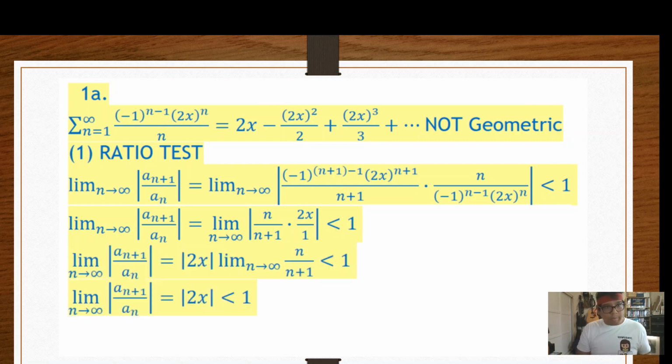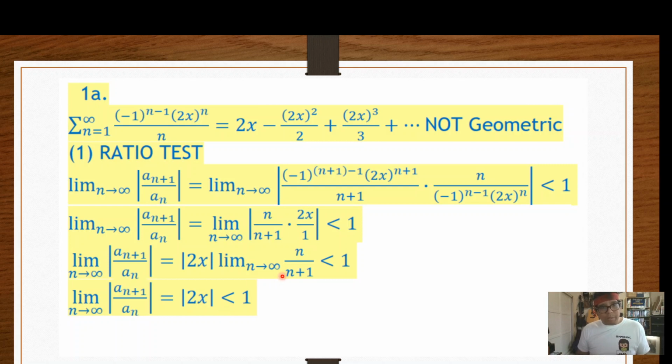Moving that forward a bit, this 2x doesn't need to be part of the limit since there's no n there, so we take that out of the limit. And over here, n over n plus 1, the limit as n approaches infinity is just 1. So in essence, you just get the absolute value of 2x is less than 1, which is pretty close to the form that we want.